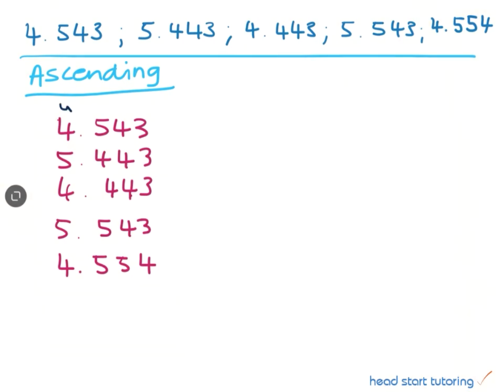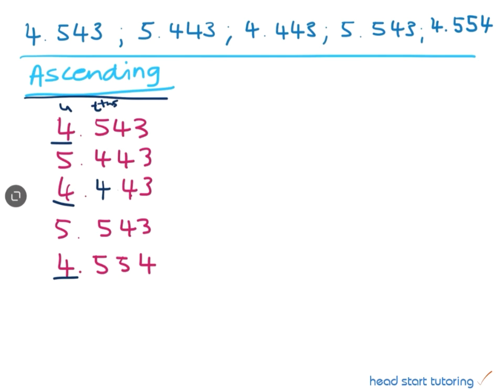Let's first work with our units. Because we are working in ascending order, we first need to find our smallest values. So we can see that the 4s in our units column are obviously the smallest. So we then need to have a look at our tenths place value. So let's just move this 4 further into our tenths place value.